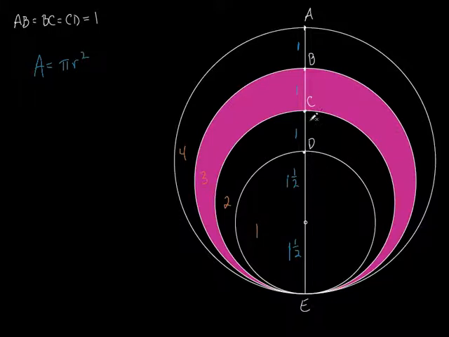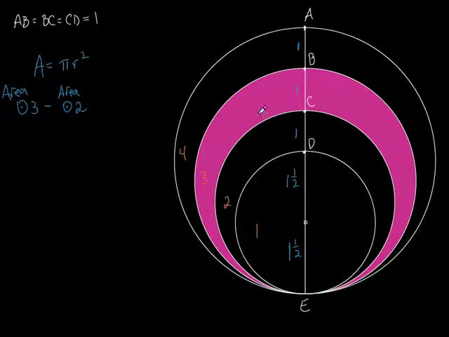Remember, what I want to do is take circle 3 minus circle 2. The circle is the symbol for circle. So I should say the area of circle 3 minus the area of circle 2. Let's find the area of circle 3. All I have to find is the radius.